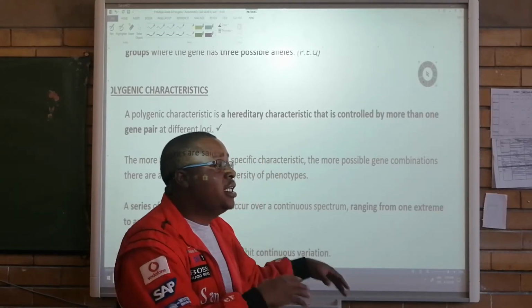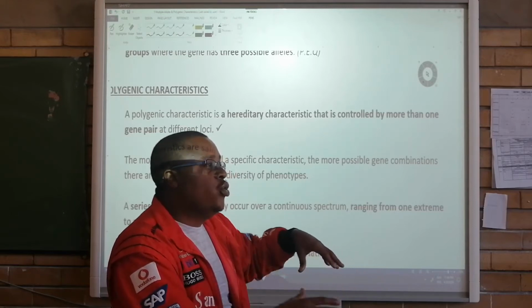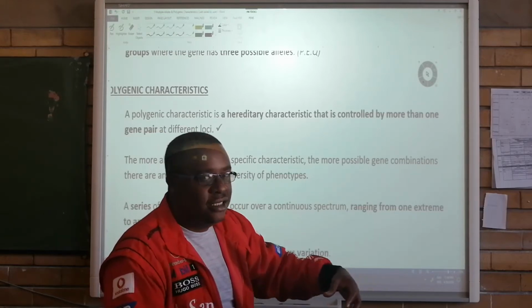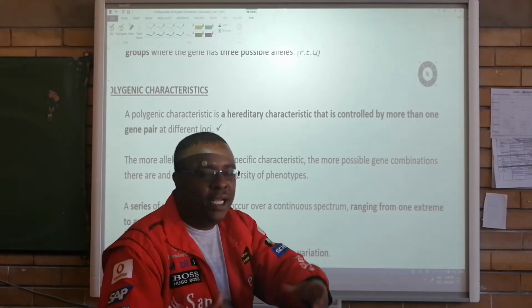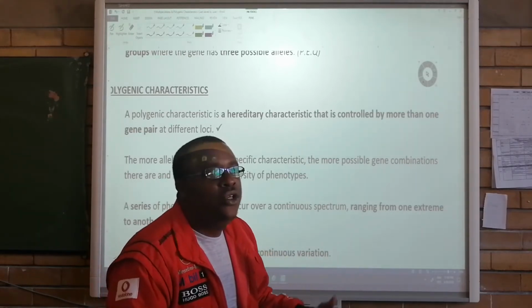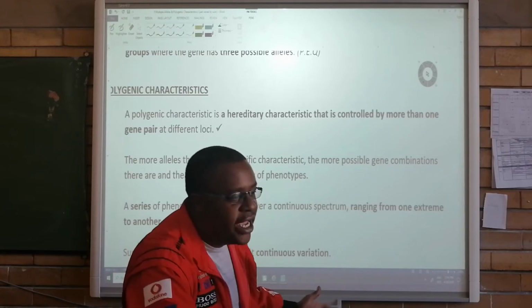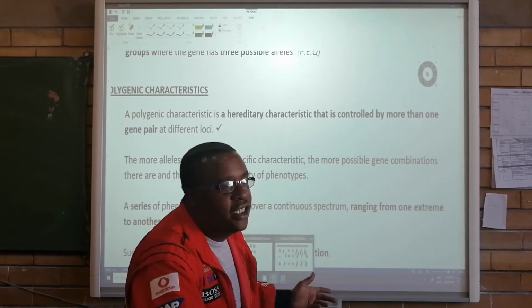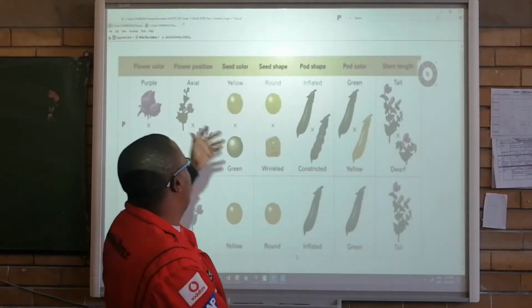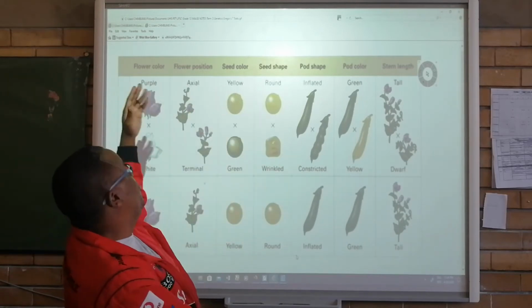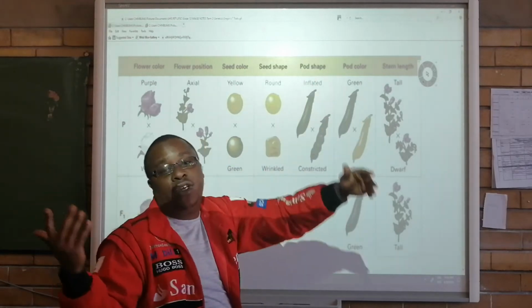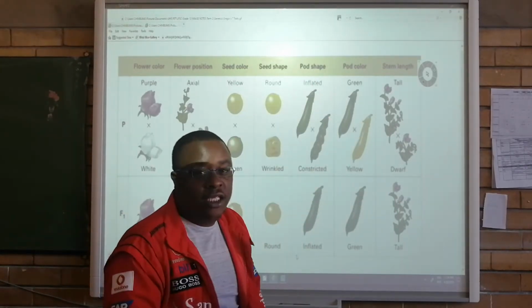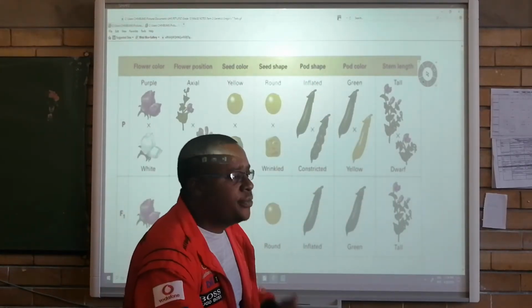When you look at usual characteristics, if you're looking at your simple pea plant, for every characteristic there are two things. So if you're looking at flower color, you're going to have purple flowers and white flowers. And if you're looking at pod color, you've got green pods and yellow pods, right?